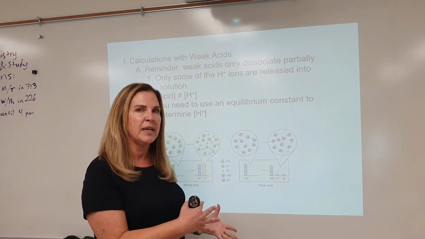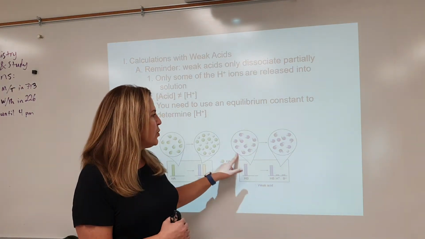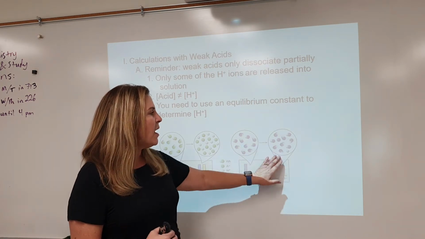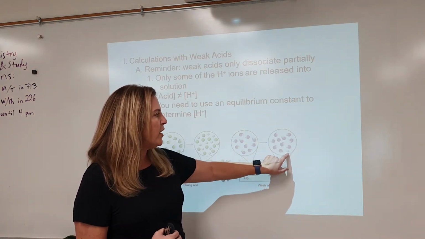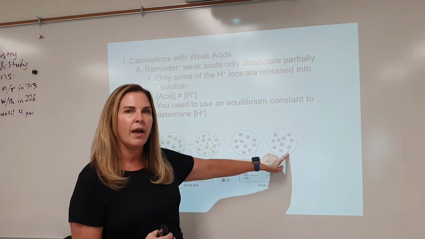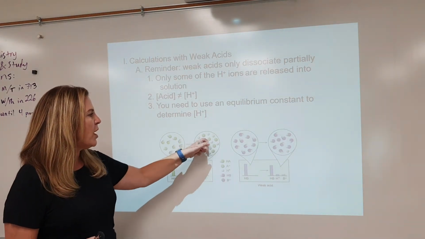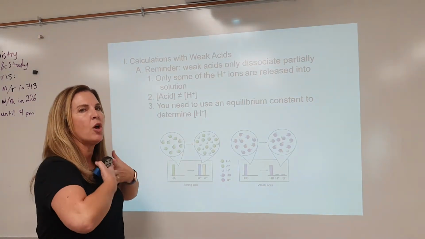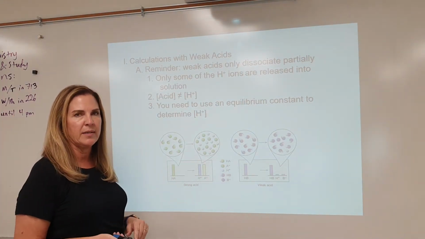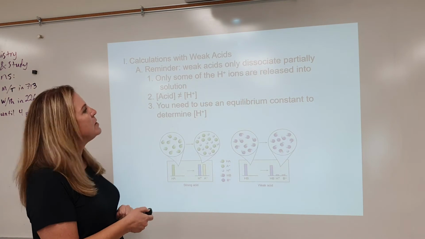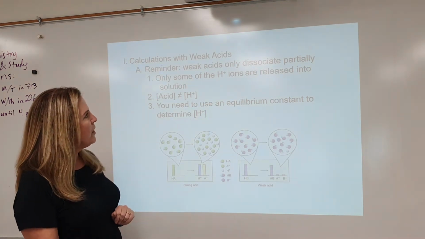The rest are all still together. So again, the concentration of the acid does not necessarily equal the concentration of the hydrogen ion, whereas with a strong acid, those two concentrations are the same because all the molecules dissociate. Important concept there. Okay, let's get going.